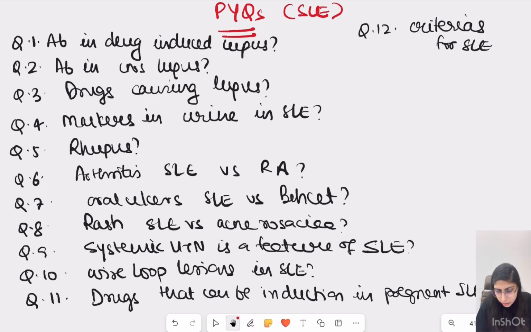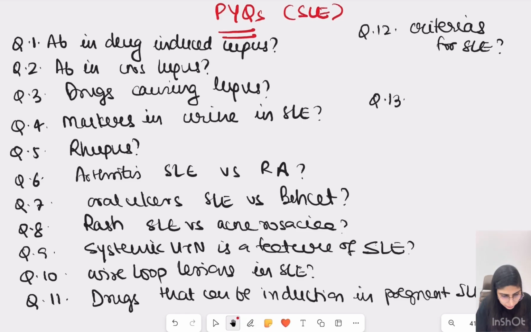Criteria for SLE. And what else can I ask you? Okay, 2 more questions. Markers of SLE flare. Please write down. I haven't told you about this, but I want you to answer this for me.